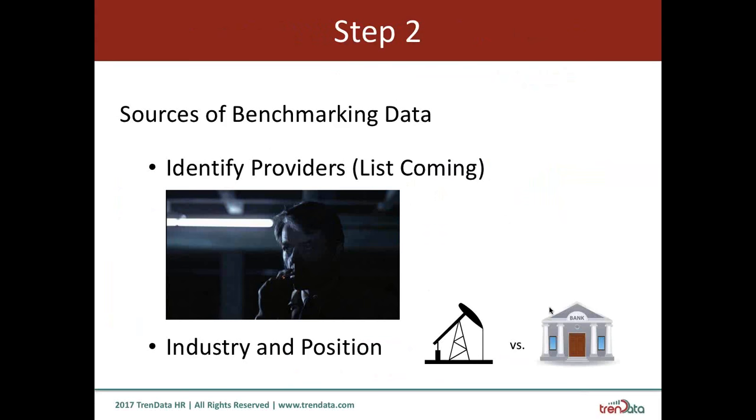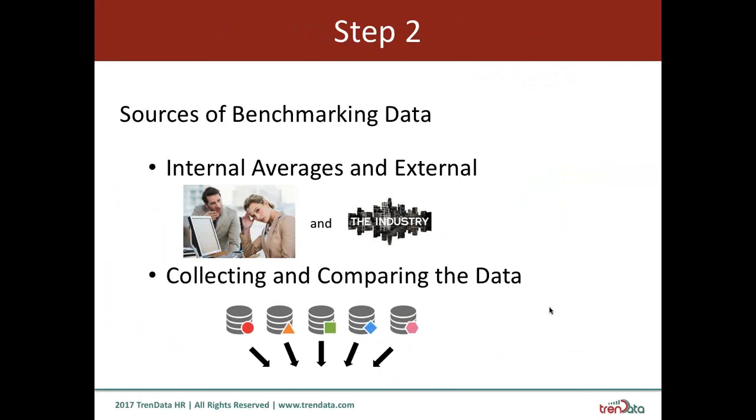You may not be afraid of certain competitors because they're more concentrated in a different part of the globe or the country than you are. You might be worried more specifically about who's going to steal your talent in New Jersey or Colorado or something. So being able to narrow in on that list of providers and get as granular as possible is very important when picking sources of benchmarking data.